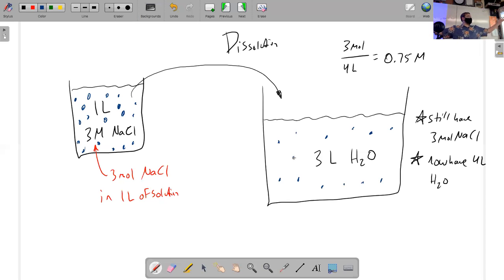So because they get more spread out, the concentration has gone down. And the value for the molarity has decreased from 3 to 0.75. You might also see that the total solution, if it's now 4 liters, it's 4 times as much volume. So the value for the molarity gets divided by 4. So 1/4 of 3 is 0.75.